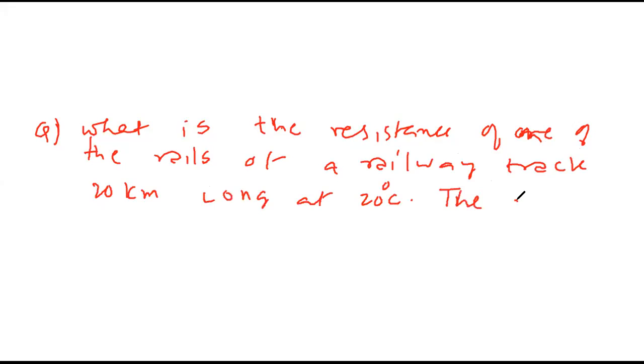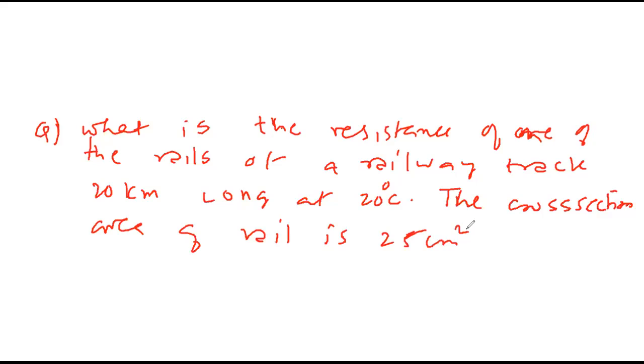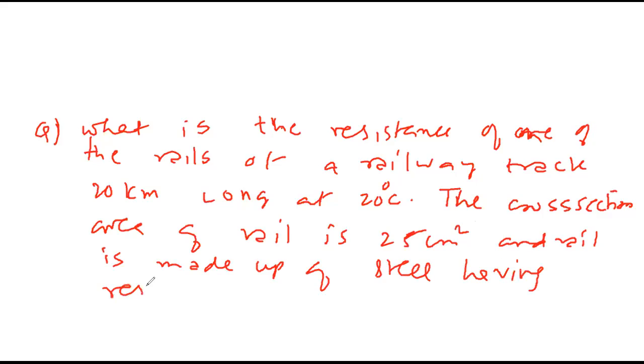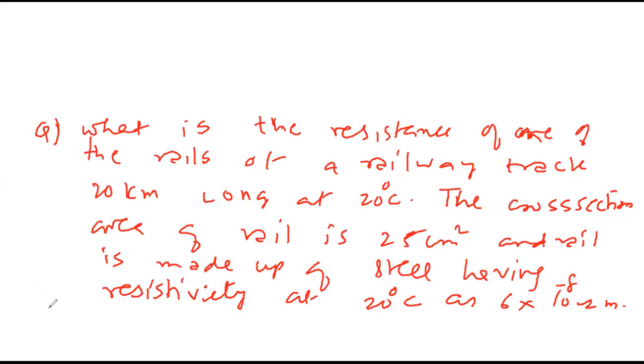The cross section area of rail is 25 centimeter square and rail is made up of steel having resistivity at 20 degrees Celsius as 6 into 10 raised to minus 8 ohm meter.